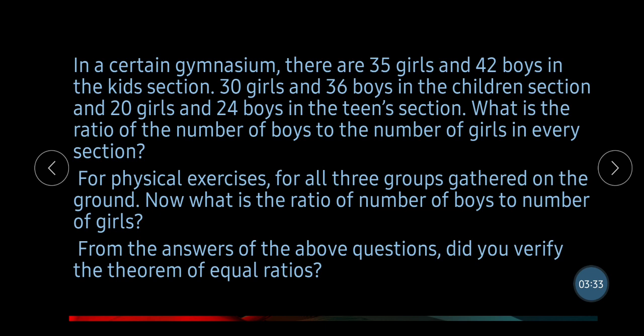What is the ratio of the number of boys to the number of girls in every section? For physical exercise, all three groups gathered on the ground. Now what is the ratio of the number of boys to the number of girls? From the above answers, did you verify the theorem of equal ratios? Now let us solve it.